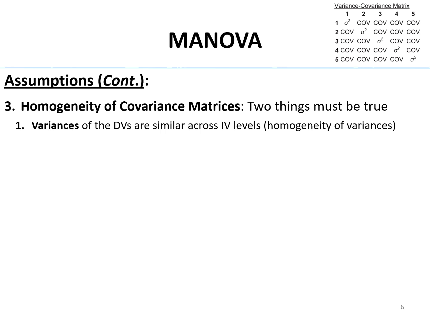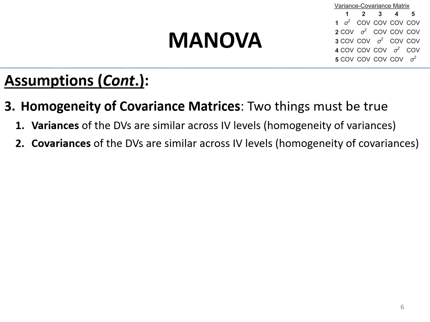That is your homogeneity variance assumption. I usually say the spread of scores is approximately the same across the different levels of the IV or cells of the design. The newish part is that the covariances also have to be similar across the levels of the independent variable. So that is what we call the homogeneity of covariances.